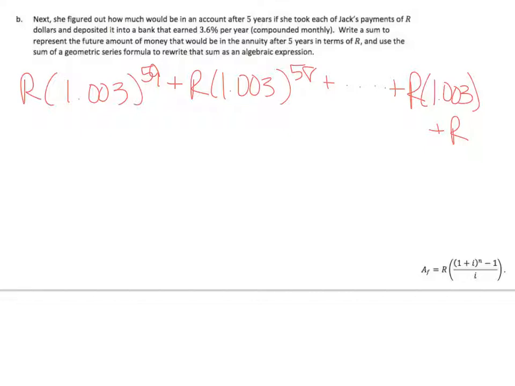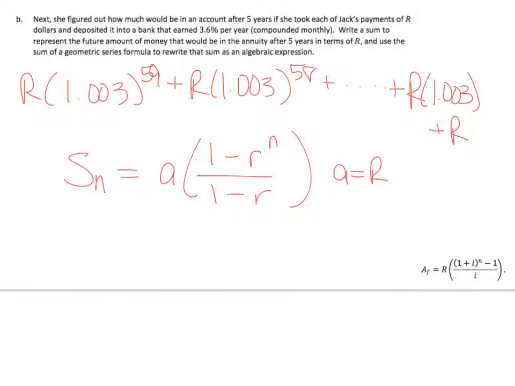So applying the sum of a geometric series formula, we're going to get S sub n equals A times 1 minus r to the n over 1 minus r. Using the values that we have, I have A equals big R. The rate is 1.003 and n equals 60 months, I'm so sorry.